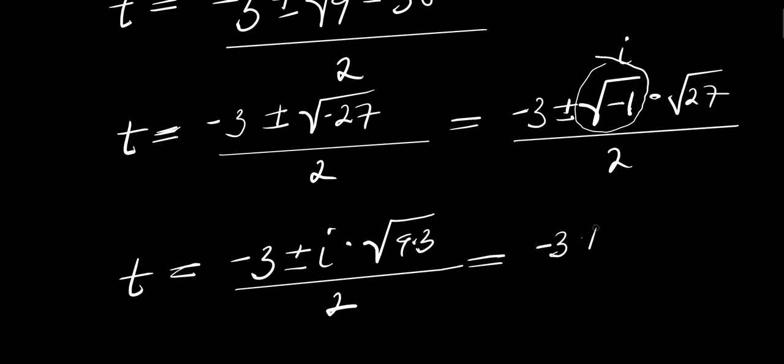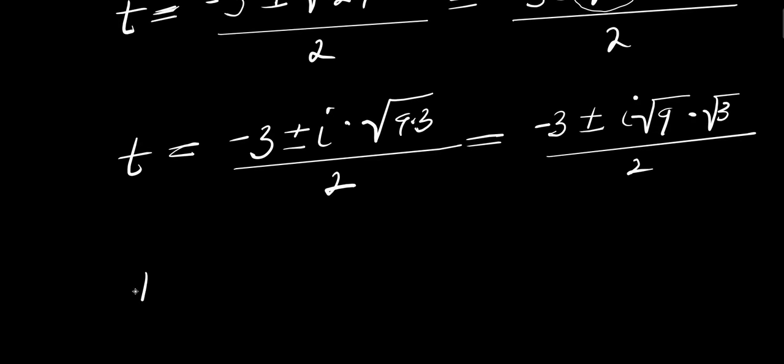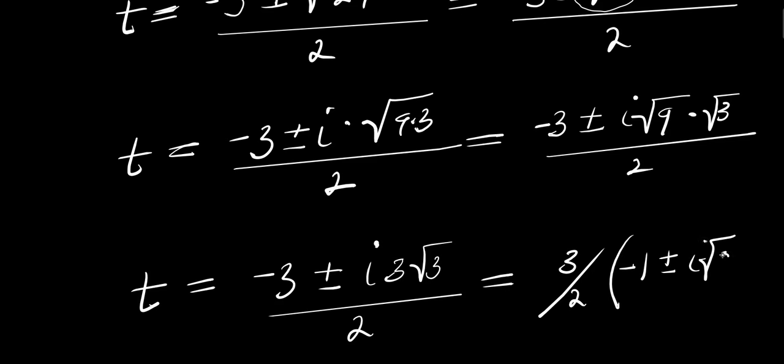This equals negative 3 plus or minus i times square root of 9 times square root of 3, divided by 2. So t equals negative 3 plus or minus i times 3 times root 3, divided by 2. We can factor 3 over 2 from here: negative 1 plus or minus i times root 3.